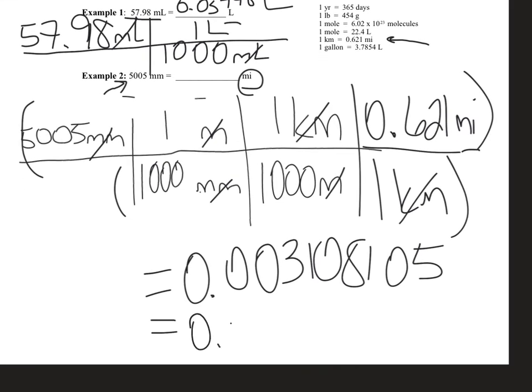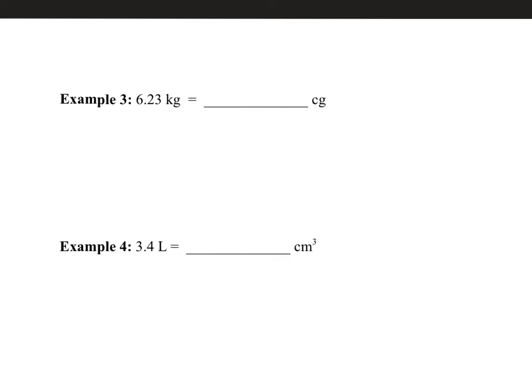So 0.003108 miles. Right? Those first zeros are leading zeros, so they don't count. That 0 in the middle is a sandwich 0. It has to count, which means then I can round the 1 down. Sorry, 0.003108.